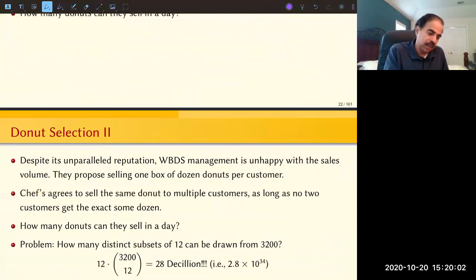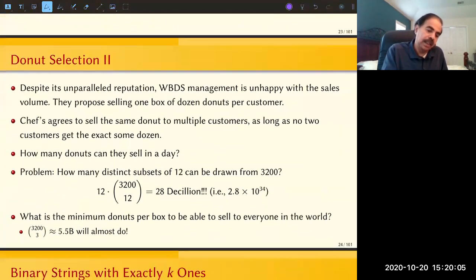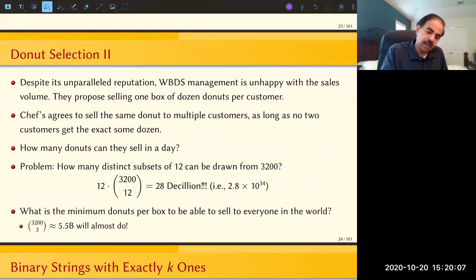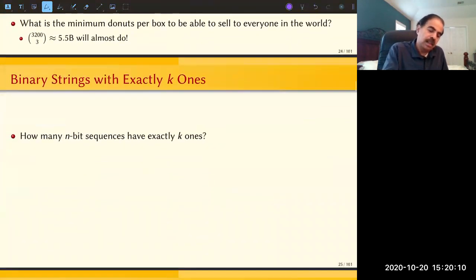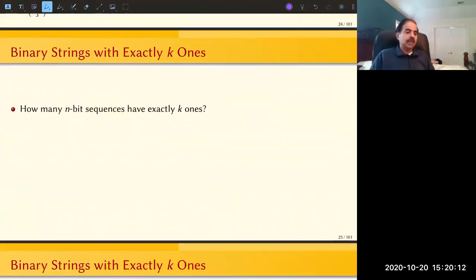And then we went through our donut example, and the very last thing we did was to count the number of binary strings with exactly k 1s. This problem itself is very simple to solve because you are simply choosing which of the k positions among the n bits are going to be ones, right?